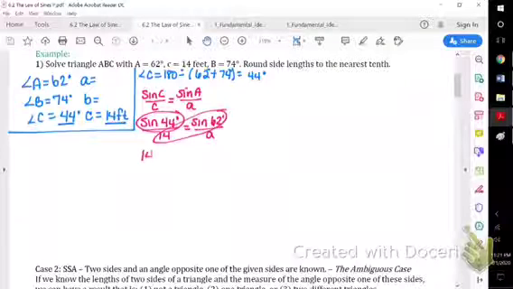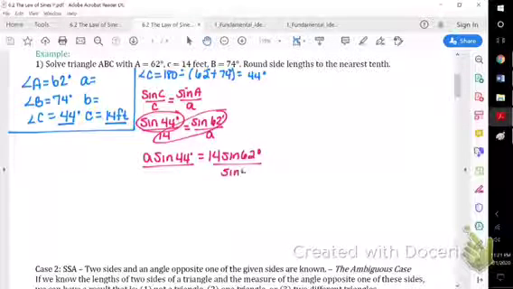So I'm going to do A times sine of 44 degrees, doesn't really matter, equals 14 sine of 62 degrees. So divide by the sine of 44 degrees.